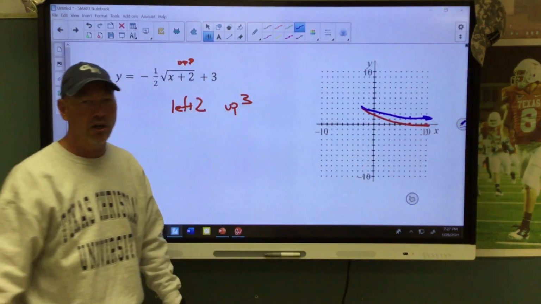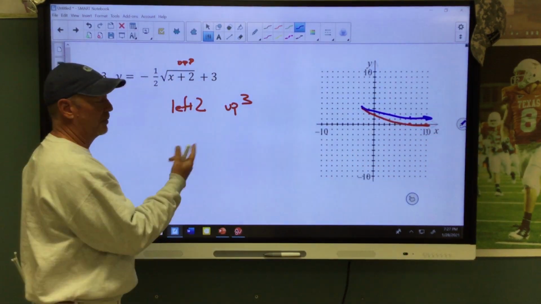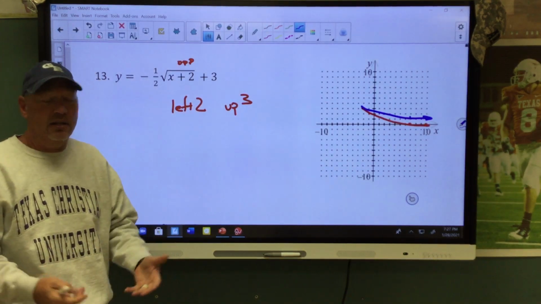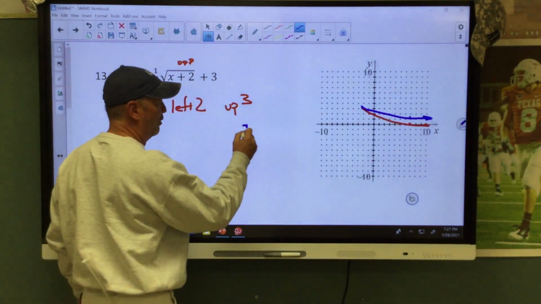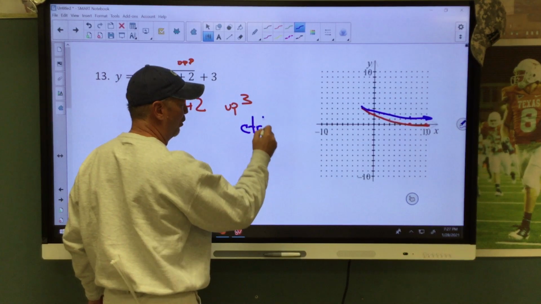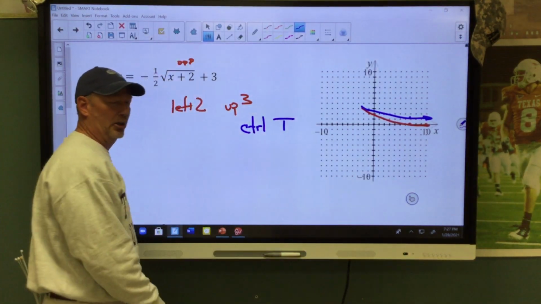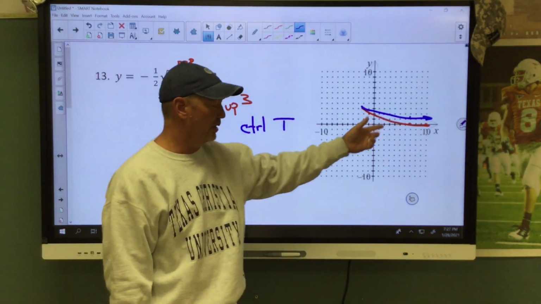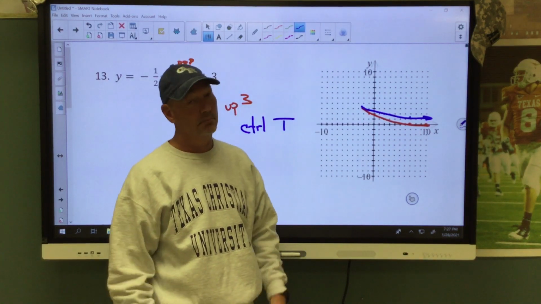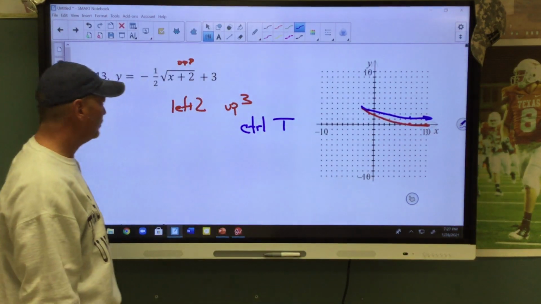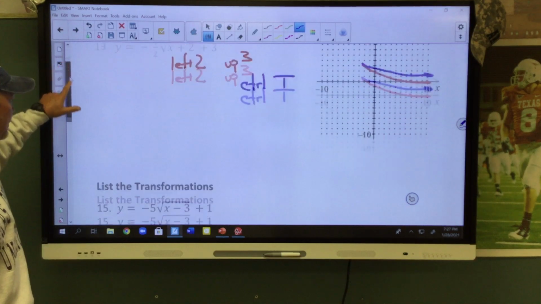Now, you could also put this in your calculator. The easy way, I would do this if you had it, and go Control T. Look at your table and find some points to plot and connect the dots. It's an easy way, okay? All right, let's keep going.